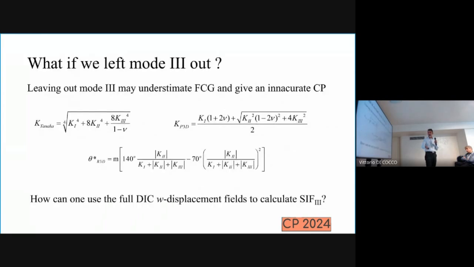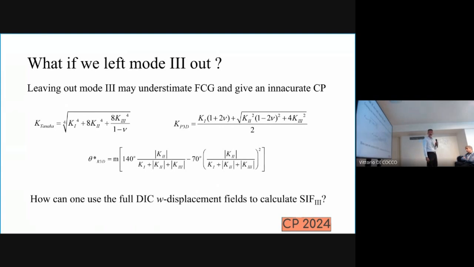Okay. So what happens if we don't include mode 3 in a calculation? We have a mixed mode load. Well, according to some theoretical models for equivalent K, for example, the Tanaka or the Hook models, the equivalent stress intensity factor will be lower, right?